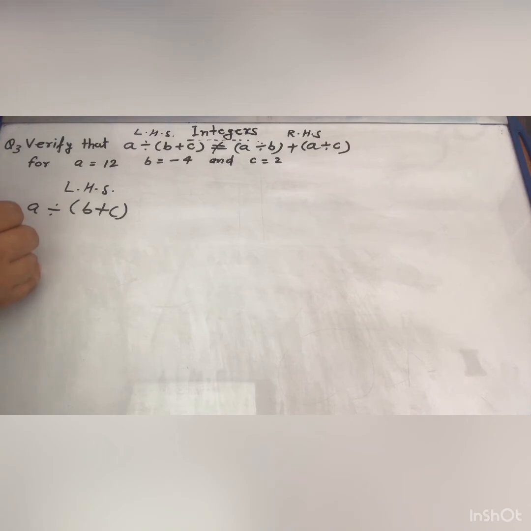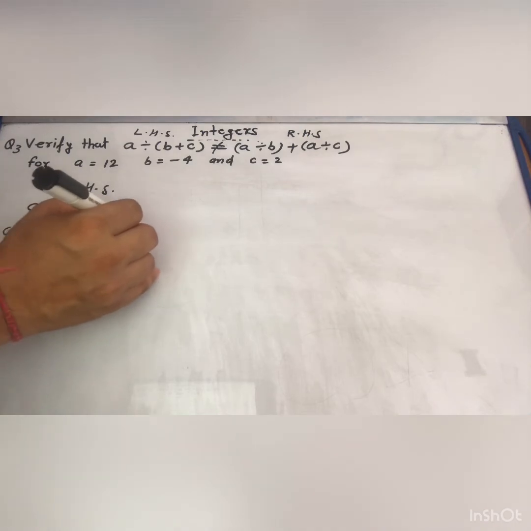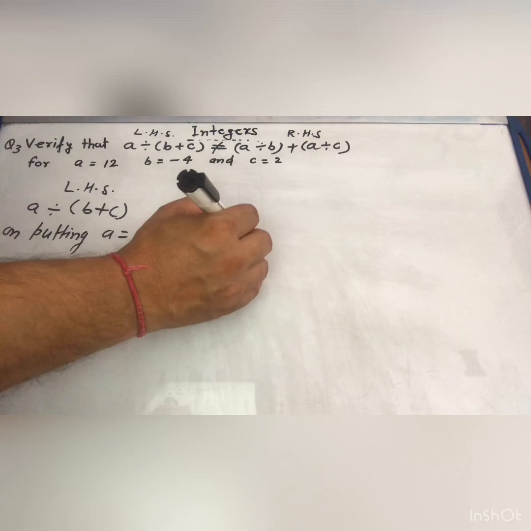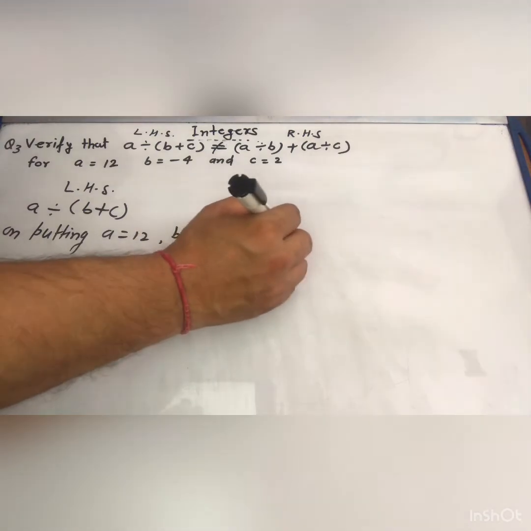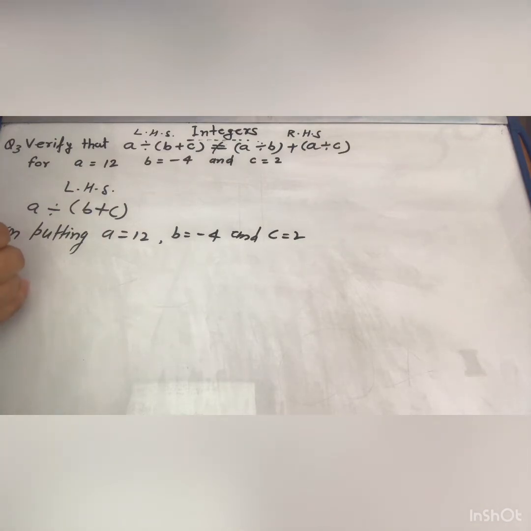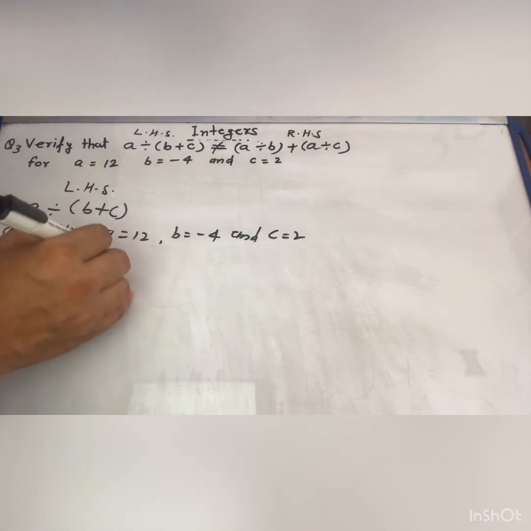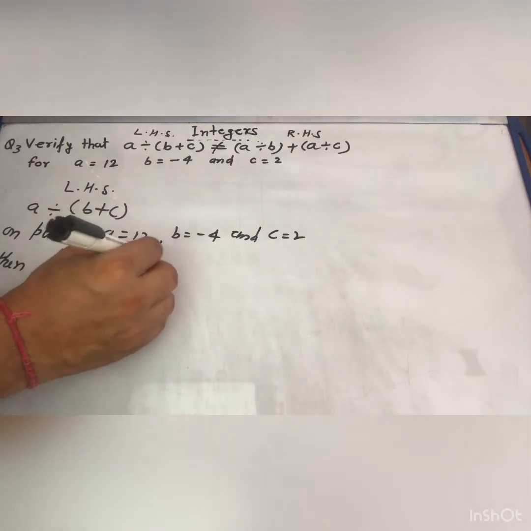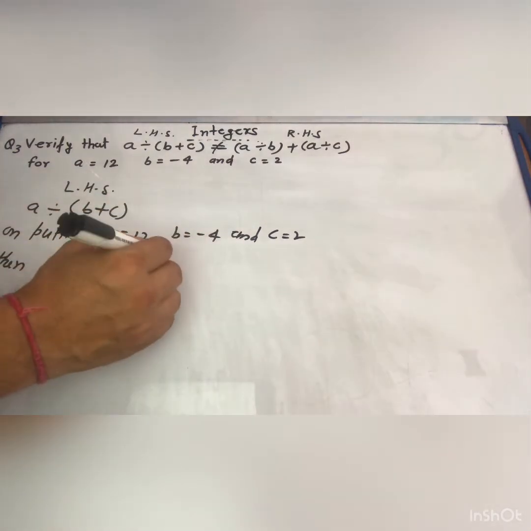On putting these values, A equals 12, B equals -4 and C equals 2, in this, what you get? Then we will get A means 12 divided by under bracket B means -4 plus C means 2.